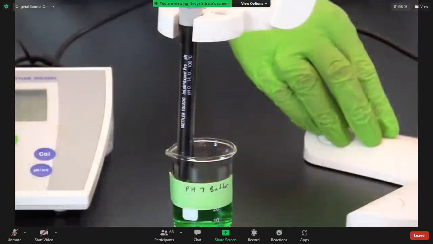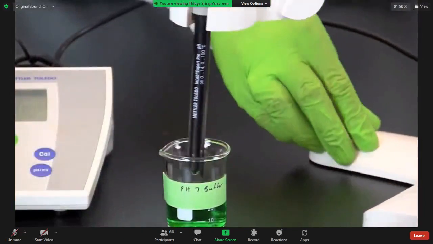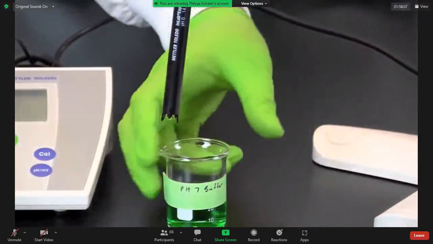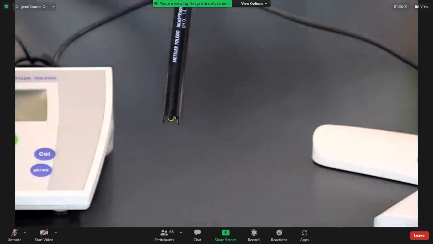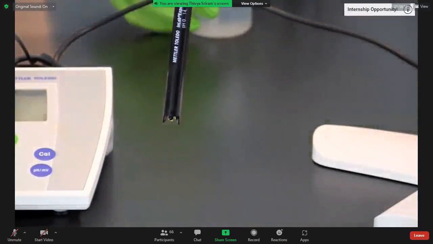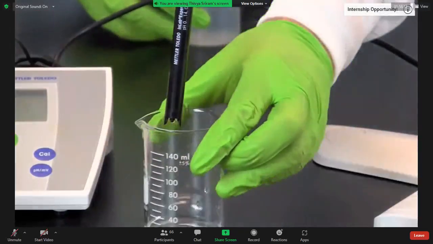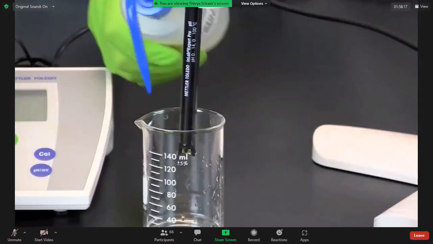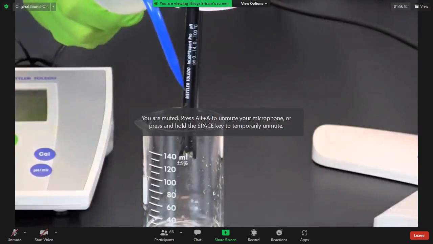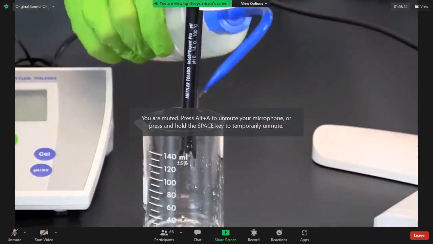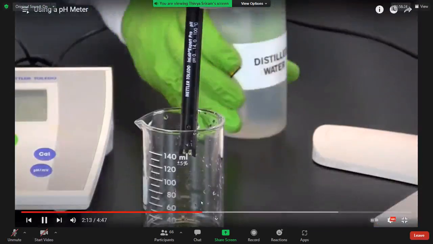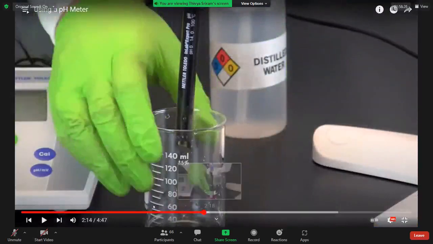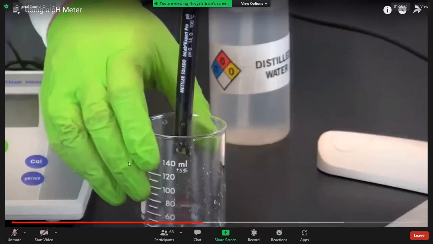Once the standard has been calibrated, you will need to remove the sample and rinse the electrode with distilled water. After measuring each pH of the solution, you have to clean with the distilled water.